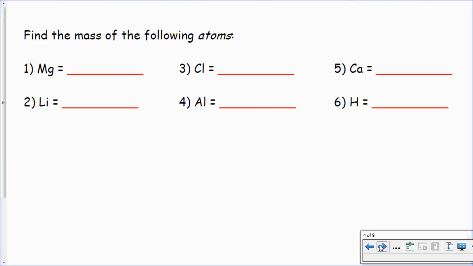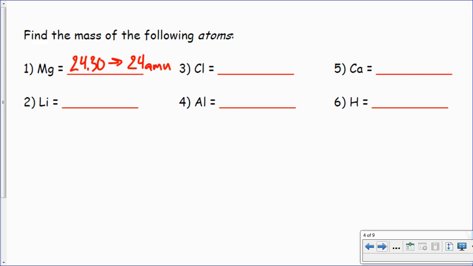So we came up with a different system. Using a periodic table, I'm going to find the mass of some following atoms just by taking the atomic mass and converting it into AMUs and rounding. So for magnesium, 24.305 turns into 24 AMU.